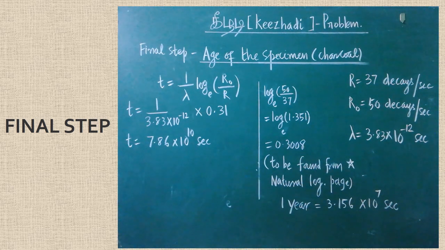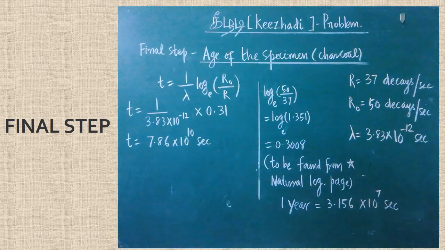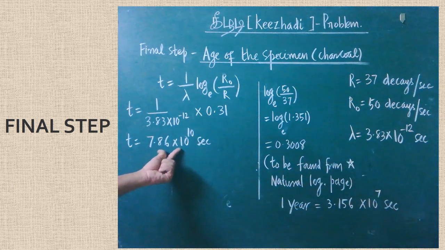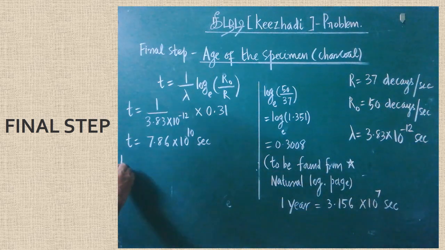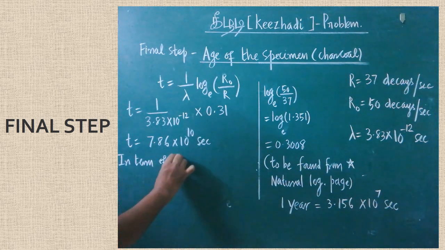But it is in terms of seconds. So we have to find out the value in terms of years. This one should be converted into years. Look at that. 1 year is equal to 3.156 into 10 to the power of 7 seconds. How to convert in terms of years?